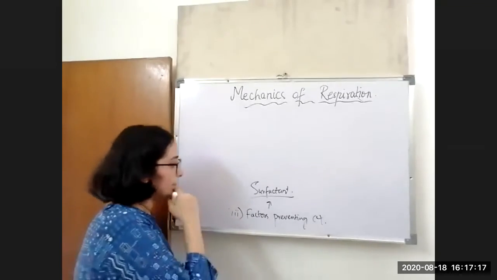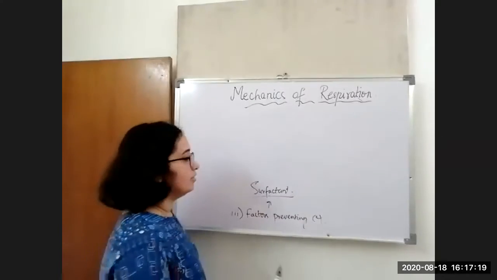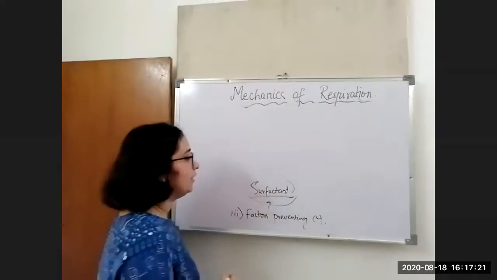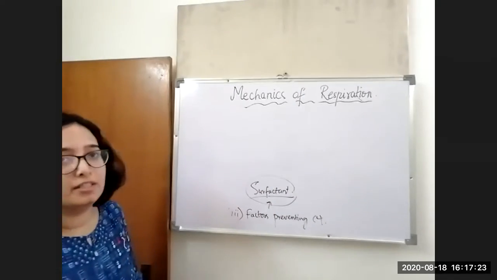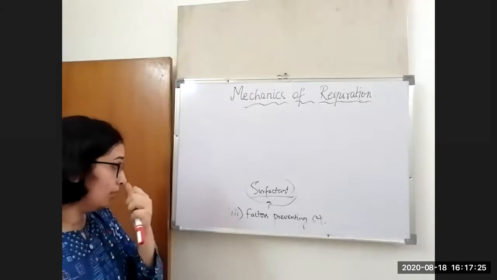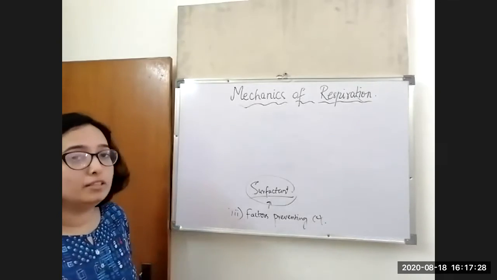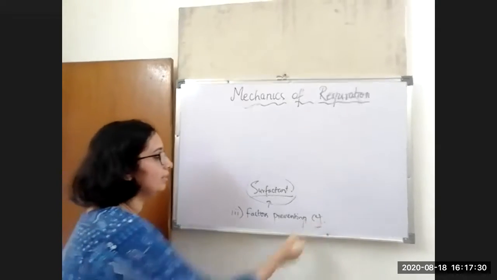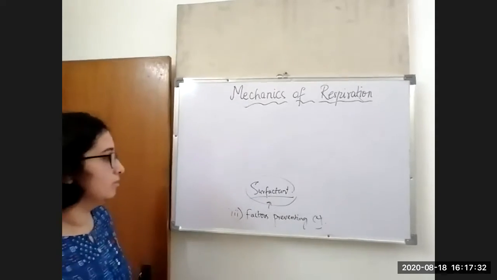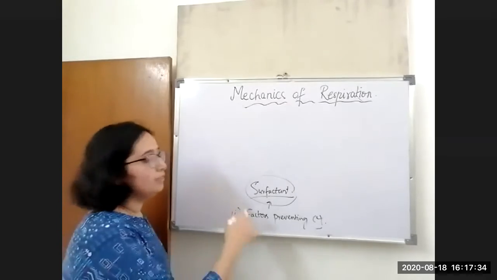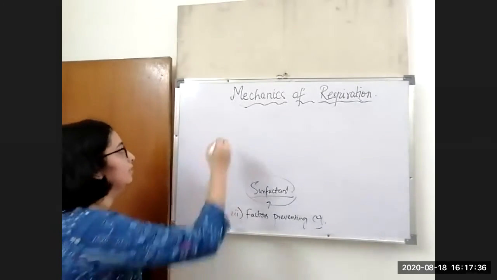So what is surfactant? Surfactant is nothing but a fluid which decreases the surface tension. Because of this surfactant, the lungs don't collapse.